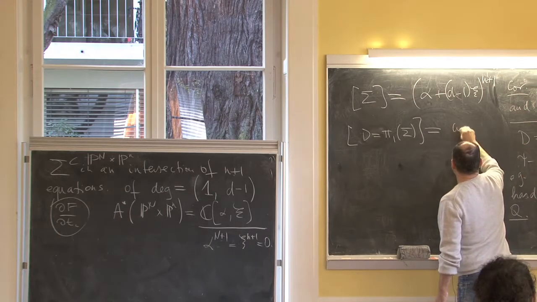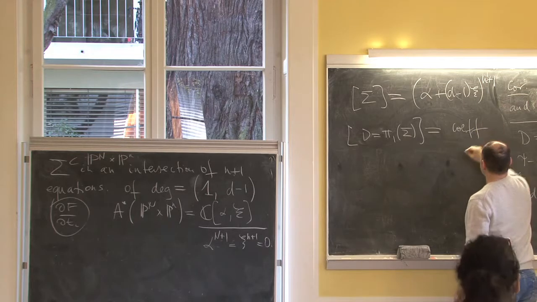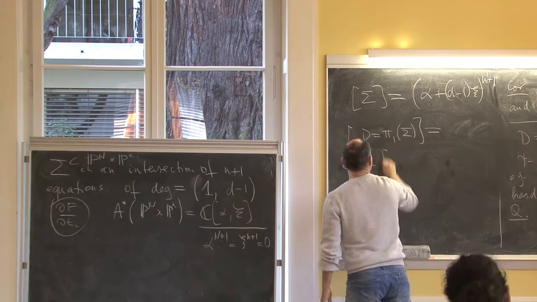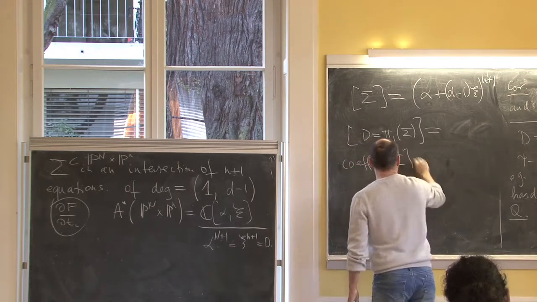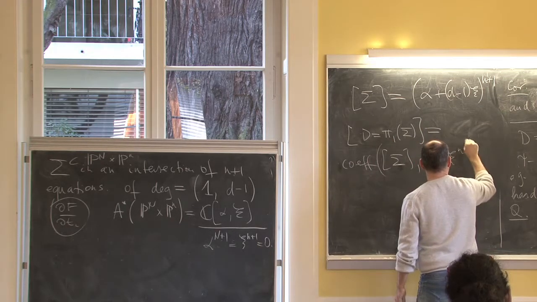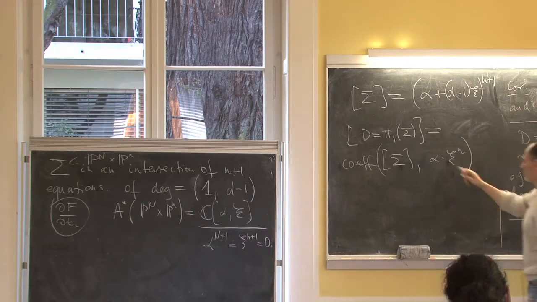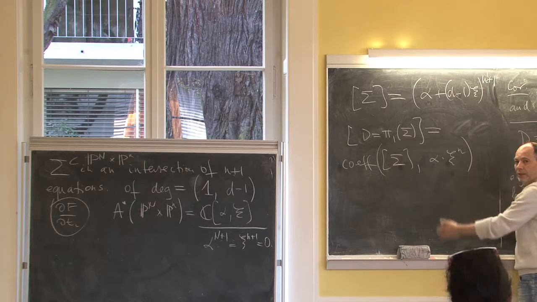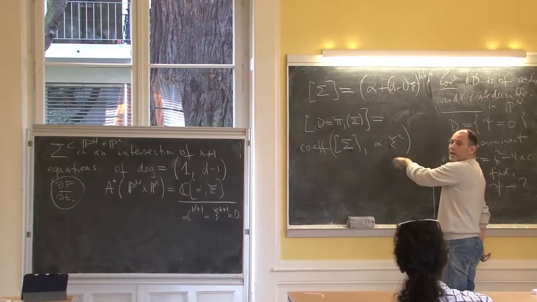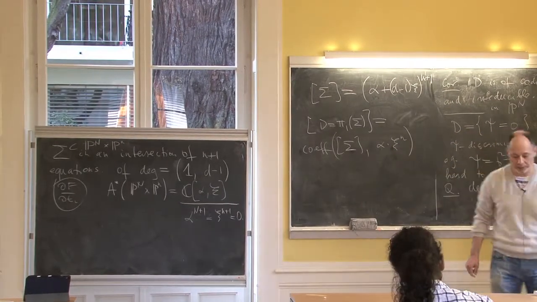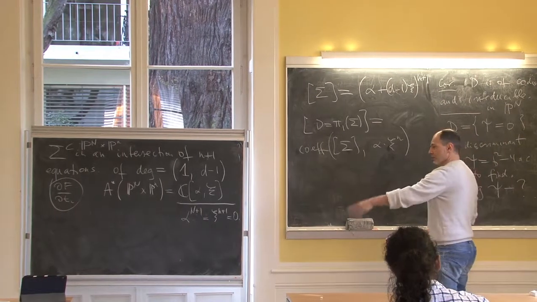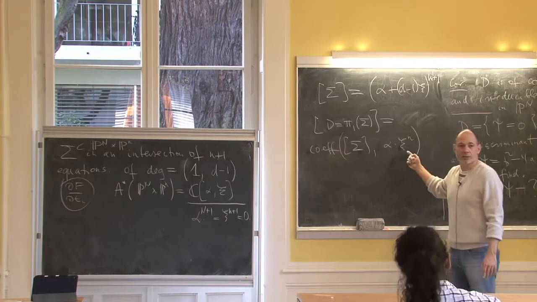I claim, and I'll just give you the answer, that this is the coefficient of this polynomial in front of alpha times psi to the n. Because if you think about it, this precisely means that you take a linear family, and this means that you take a point anywhere on Pn. Maybe I can explain a little better after the break, but anyway, this is easy to see. That's precisely what it means.